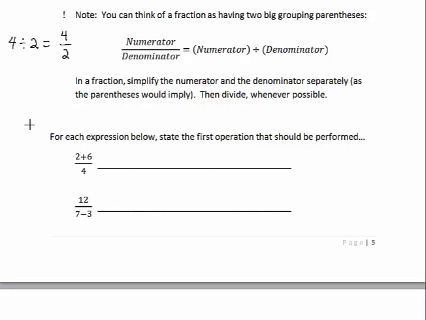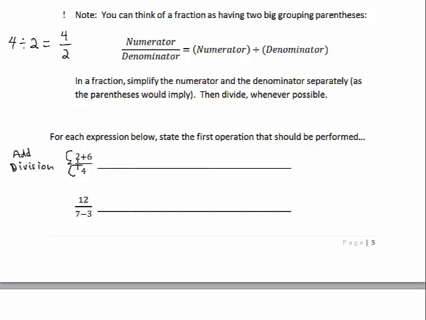What I mean by last is we don't want to carry out the division indicated by the big fraction bar until we have a single number on top and a single number on the bottom. So you look at this, and what you should see are two operations: addition and division.